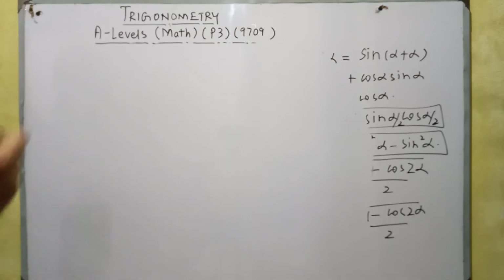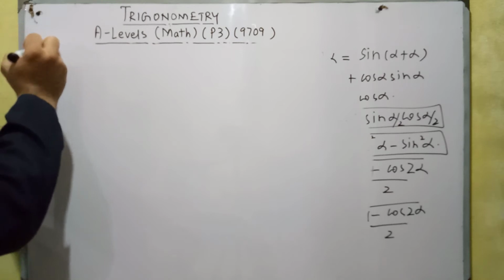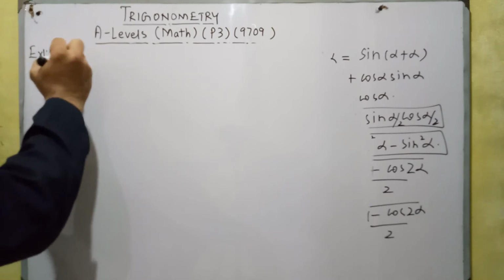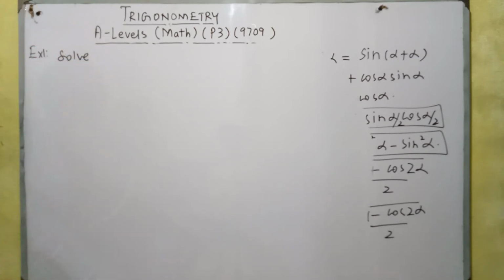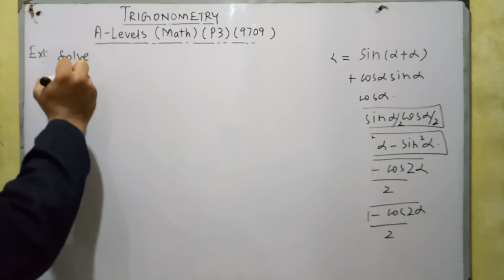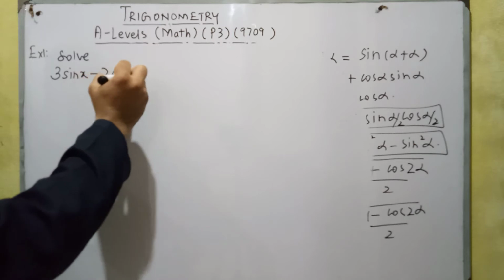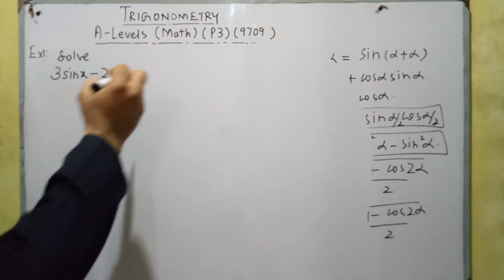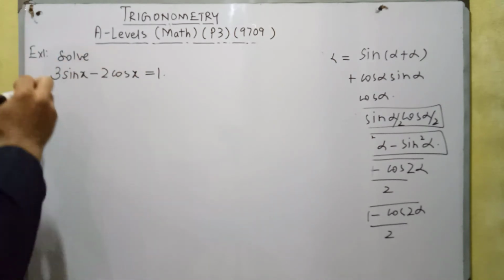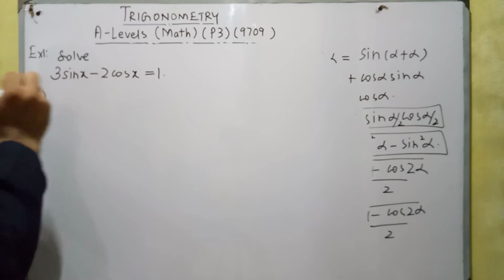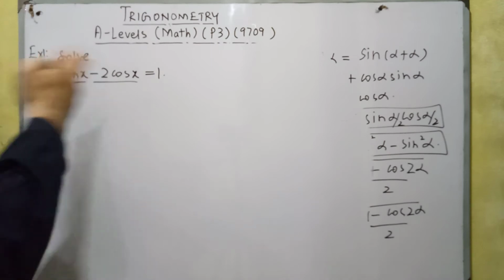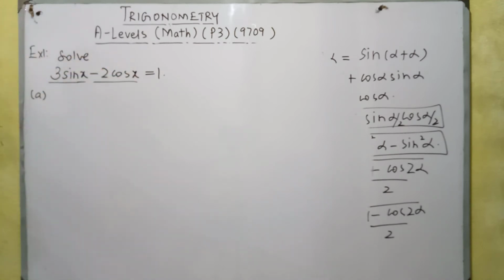This is example 1. We have the equation 3 sine x minus 2 cos x is equal to 1. Solve 3 sine x minus 2 cos x equal to 1. First of all, we will try to solve this by a trigonometric method. We can convert this 3 sine x minus 2 cos x into another form.